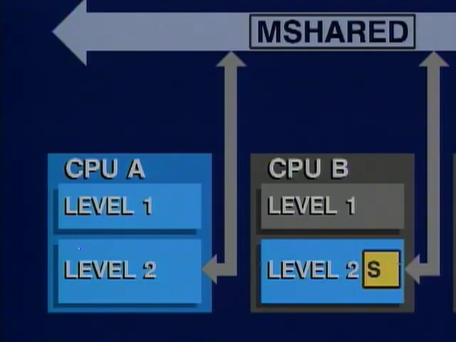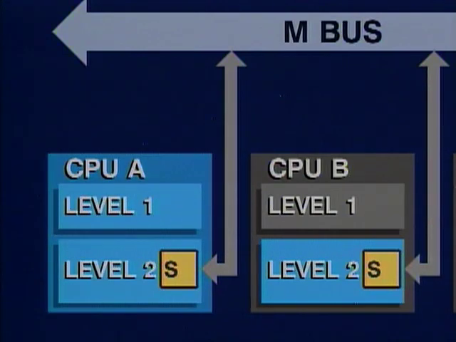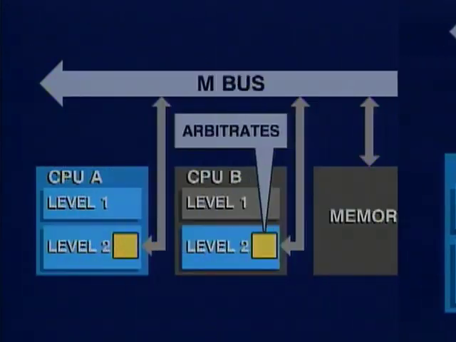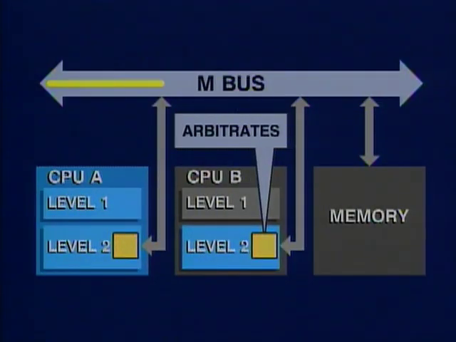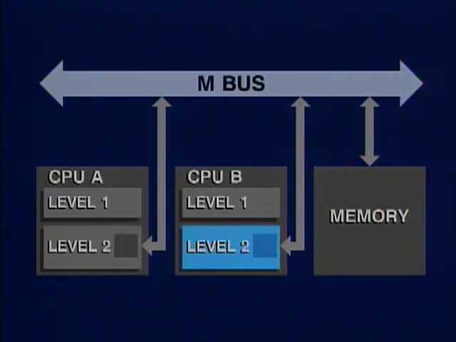This informs the processor that issued the memory read to also mark the cache line shared. If the tag hit references a dirty line, the cache controller arbitrates to provide its data to the MBus master. CPU-A aborts the memory read cycle and copies the data from CPU-B's cache into its own Level 2 cache. This ensures that modified data resident in cache is used in place of invalid memory data.